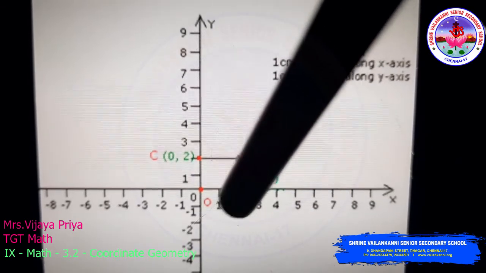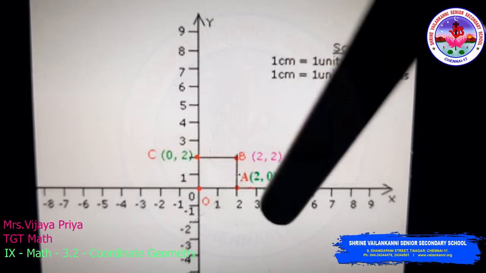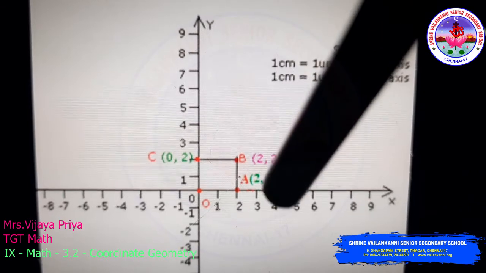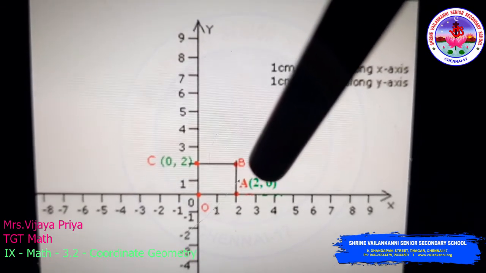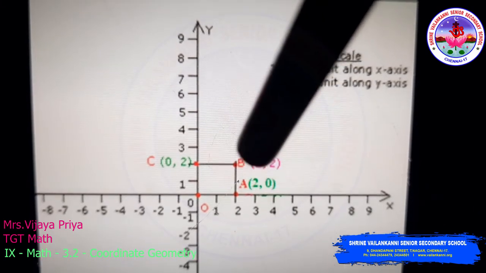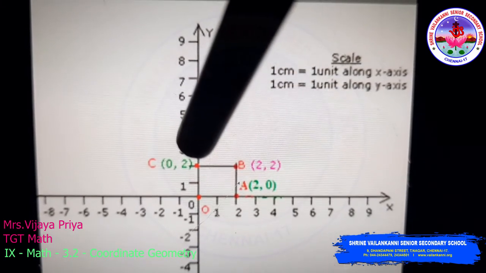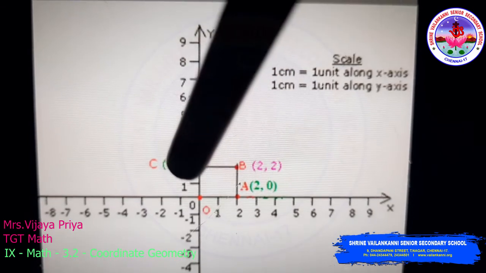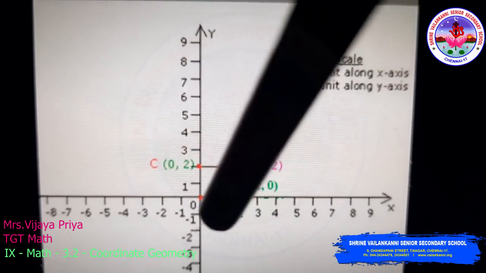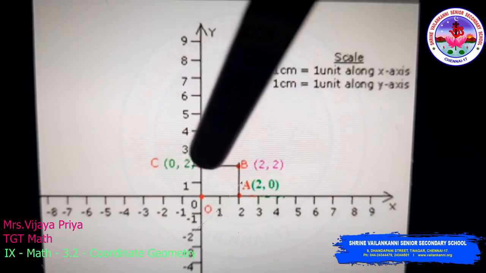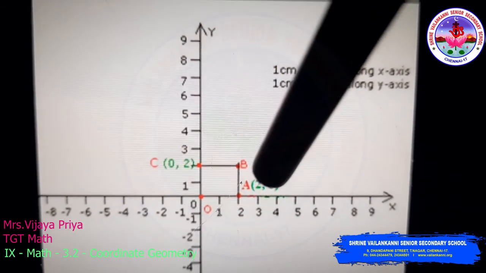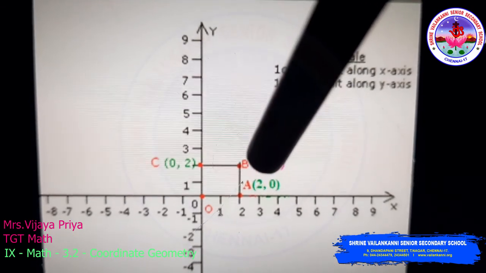So the length OA will be 2 units. Similarly AB is also 0 to 1, 1 to 2, so you have 2 units in length. BC is also 2 units in length and CO is also 2 units. Thus all the sides of the figure will be 2 units. So this figure obtained is a square. So OABC is a square.